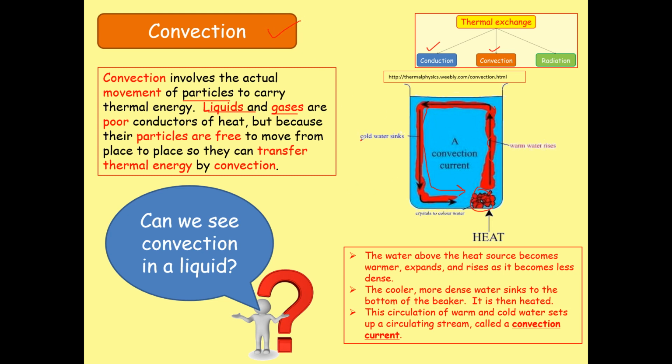Okay, remember, whenever we heat these particles, we do know that they have more kinetic energy through the kinetic particle theory, right? So these particles will start to move much faster and collide with one another. This causes expansion in liquids as well as in gases.